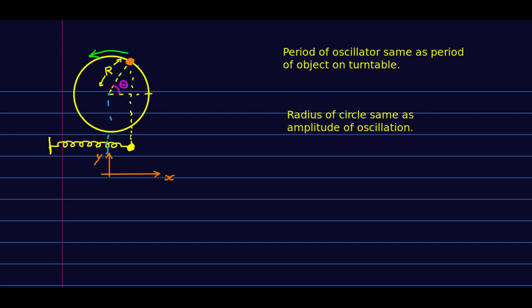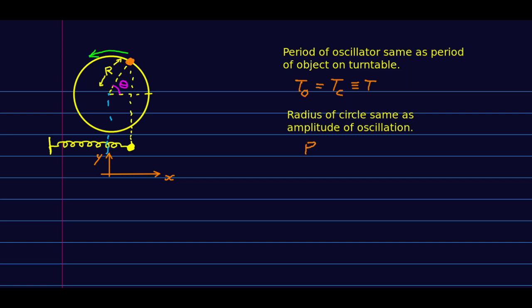And let's say we've arranged for the amplitude of this to be the same as this radius, and for the periods to be synchronized. So let's just note that down. We have a period of the oscillator is the same as the period of the thing going in the circle, and we'll just call those both capital T.